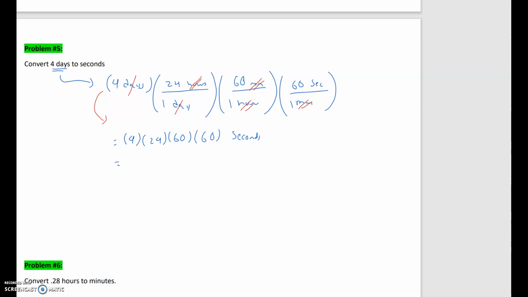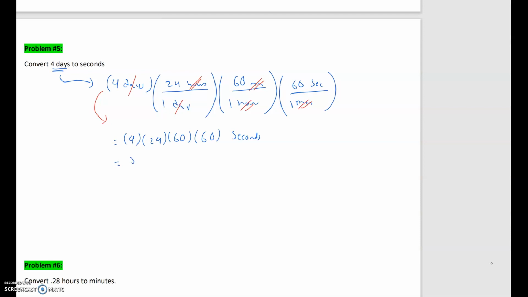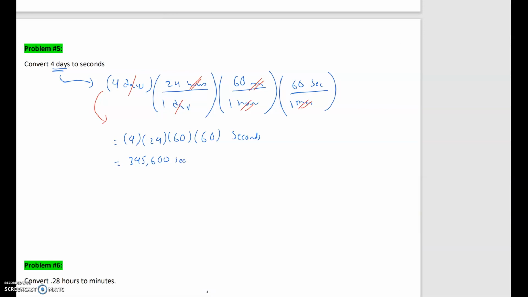So please evaluate, and we're going to end up with a very large value here. 4 times 24 times 60 times 60 is 345,600, and this will be seconds.